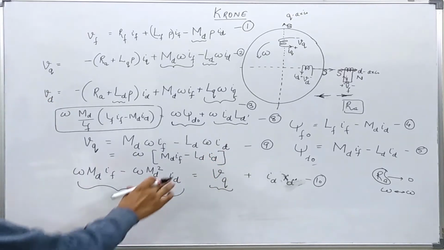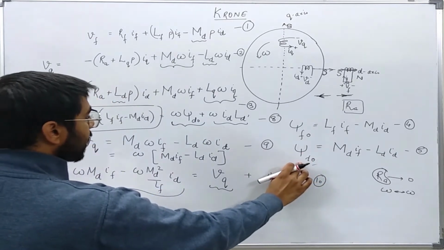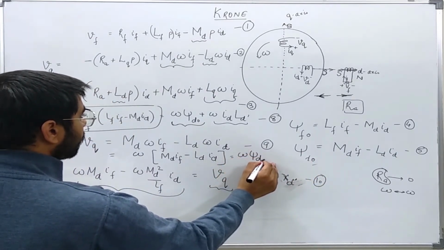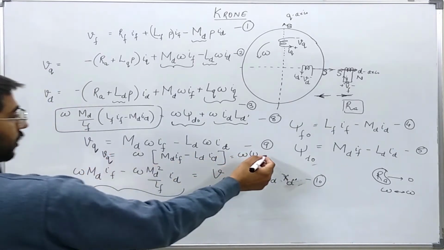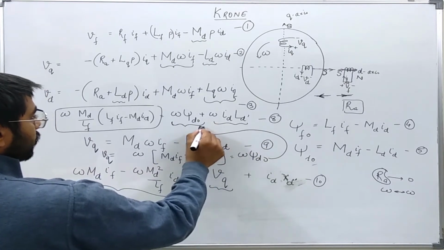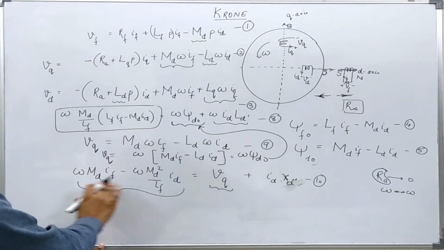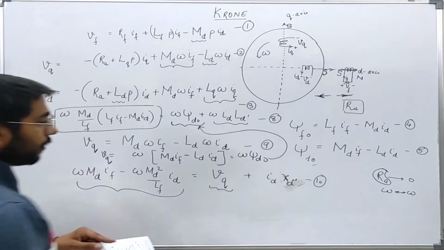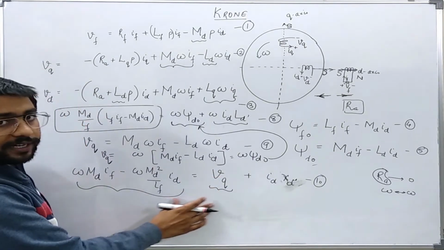Now you know that MD IF minus LD ID is nothing but psi D naught, so it is omega psi D naught. So VQ is equal to omega psi D naught. So this equation is simply written as RHS is VQ plus ID XD dash. Now I think I have clearly explained how VQ has come here.